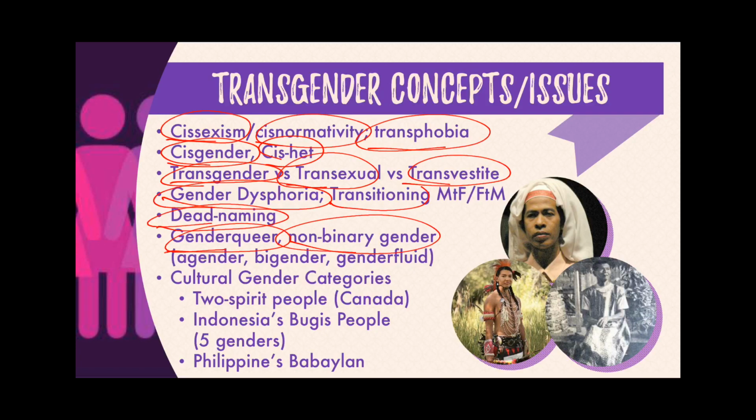We also have under that umbrella the agender people, those who do not identify as either male or female. We also have bigender people. Bigender people are those who identify as both male and female at the same time. And we have gender fluid people, who can change their gender identities across time. So this is a general umbrella for genderqueer people.